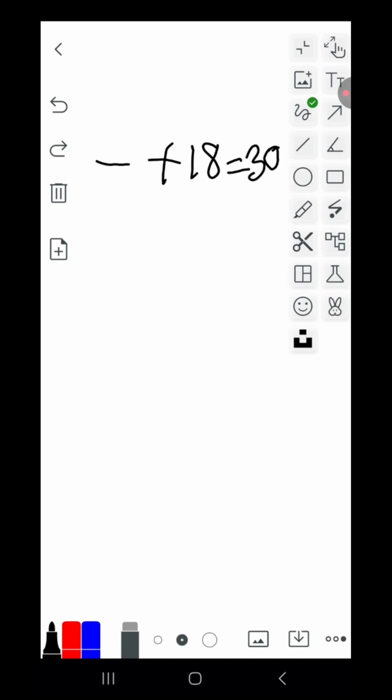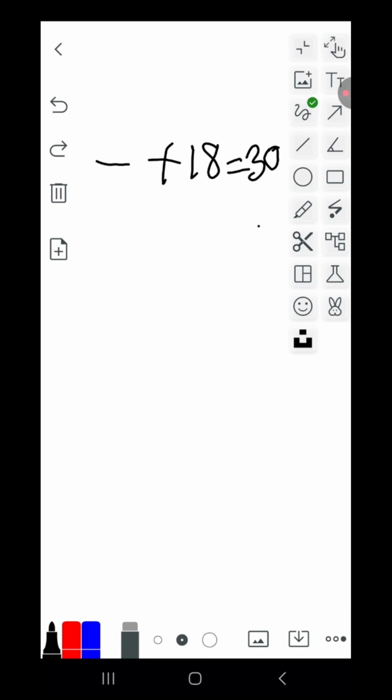Like I said, in this case we don't need to do any division, because we are using addition. You won't have to say 18 divided by, or 18 multiplied by 1 over 18, because we needed the inverse when we were working on multiplication.